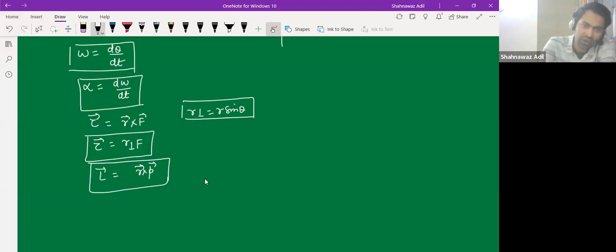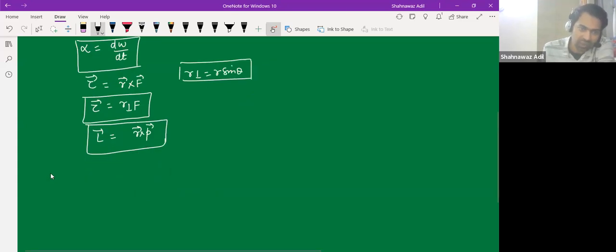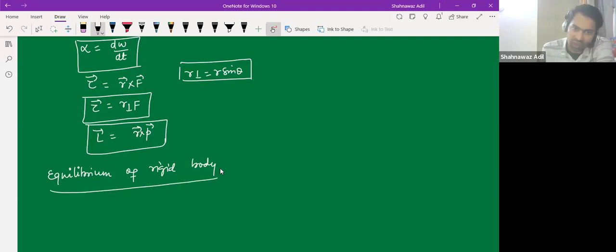And then we saw the two conditions of equilibrium. So we talked about the equilibrium of a rigid body. And there were two kinds of equilibrium, right?